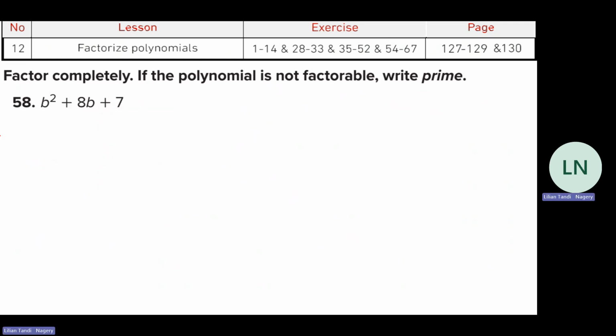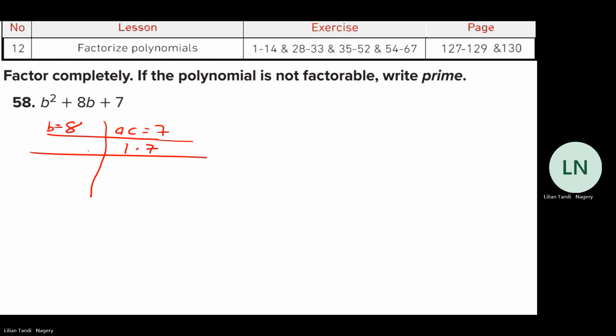I did jadwal. My B is 8. My AC is 7. What two numbers can I multiply will give me 7? 1 and 7. And 1 plus 7 is 8. So these are my factors.